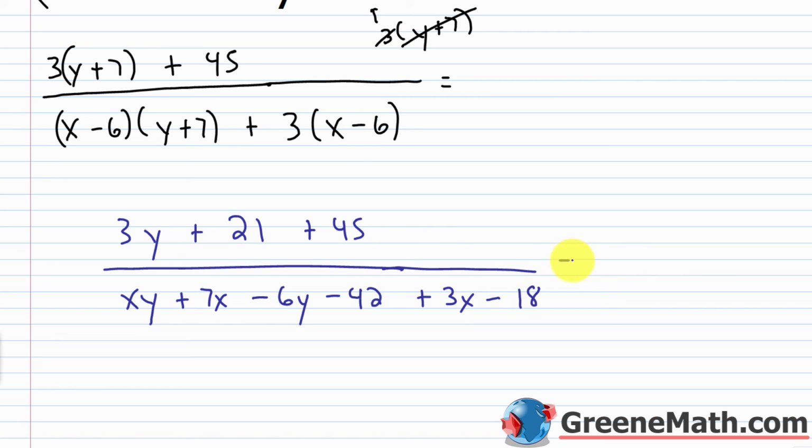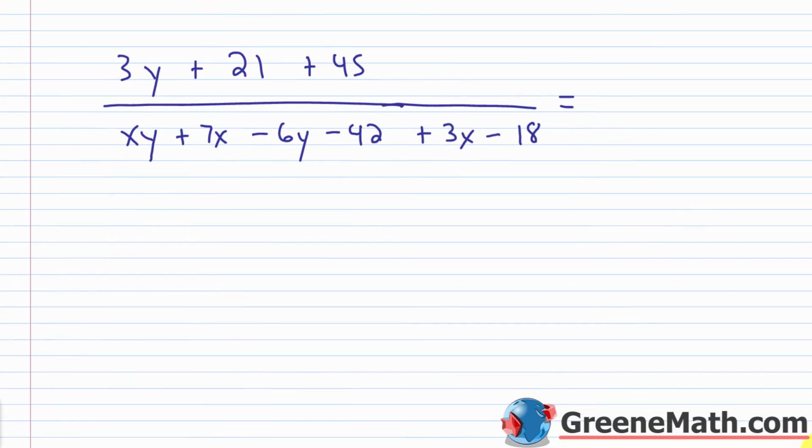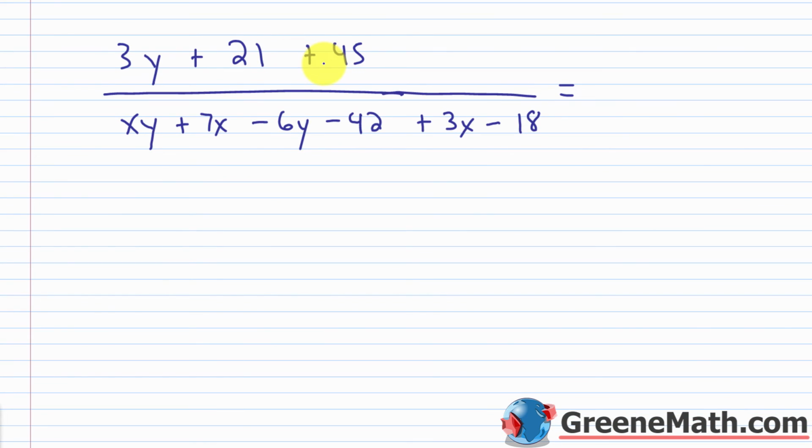All right, so let's keep simplifying here. Scroll down a little bit more. So all I can really do in the numerator, 21 plus 45, 5 plus 1 is 6, 2 plus 4 is 6, so this would be 66. So this would be 3y plus 66 over. In the denominator, what can I do? I have xy.